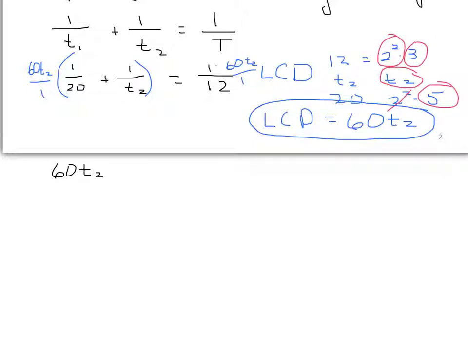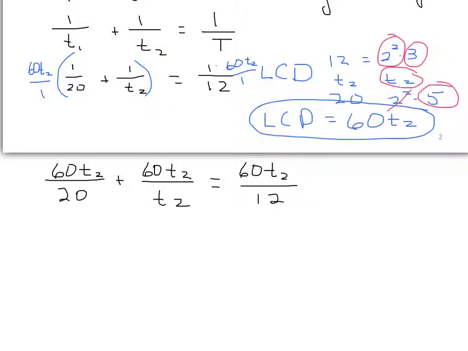Distributing the 60 T2, we get 60 T2 over 20 plus 60 T2 over T2 equals 60 T2 over 12. 20 goes into 60 3 times. The T2's cancel. 12 goes into 60 5 times. So we're left with 3T2 plus 60 equals 5T2. That is an easier thing to work with.